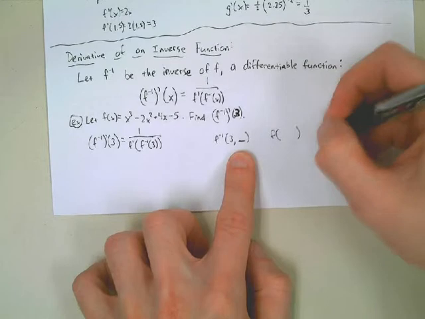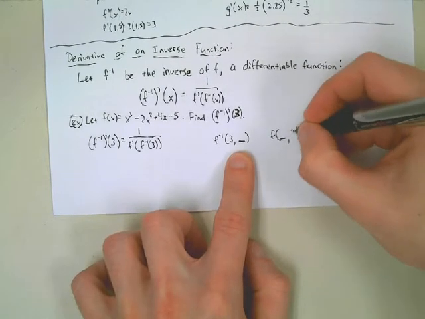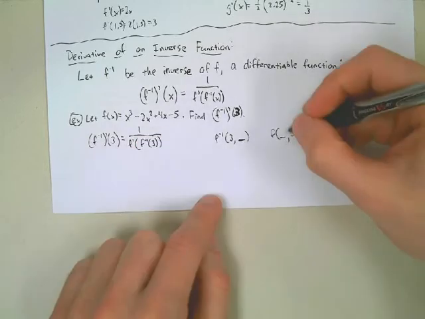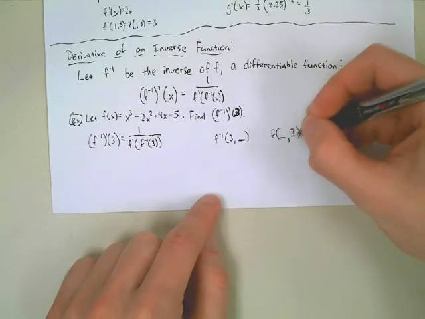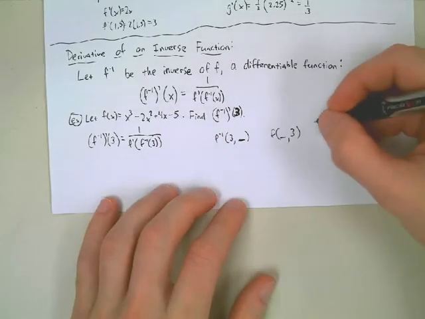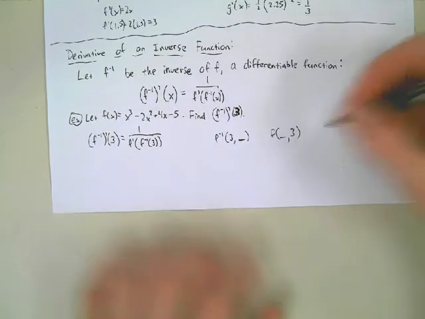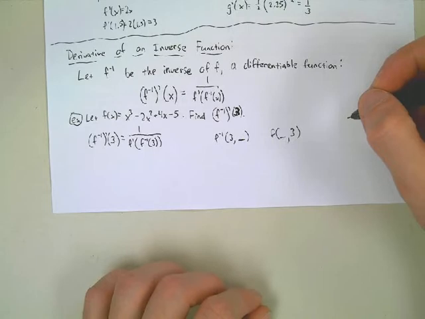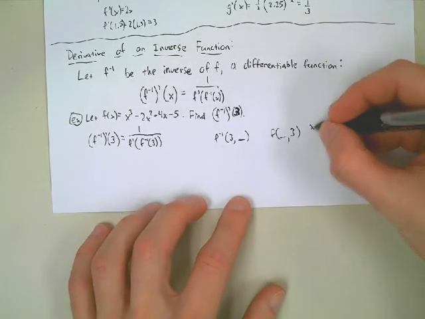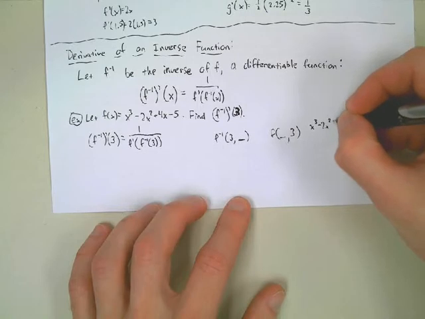I know what f is, don't I? So if I want to find this blank, where does this 3 go? It goes in for the y. So we're going to set our function x cubed minus 2x squared plus 4x minus 5 equal to the 3.